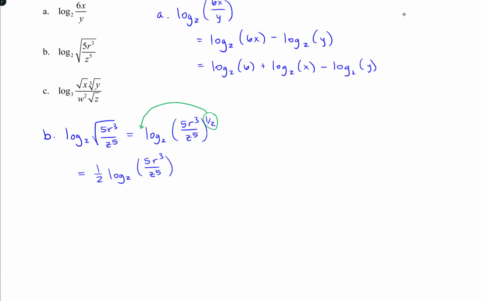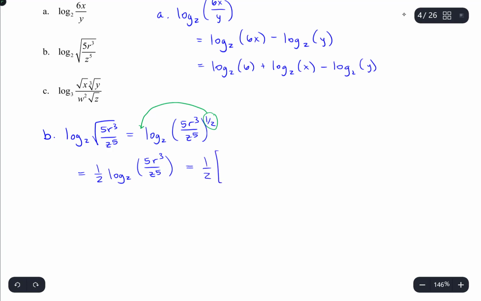The next thing that I can do, noticing that division bar, is I could split this up into two logarithms. But I need to be careful and still keep this 1/2 multiplying both of those. So I'm going to put some brackets on the outside just to indicate that both the logarithms on the inside are multiplied by that 1/2.